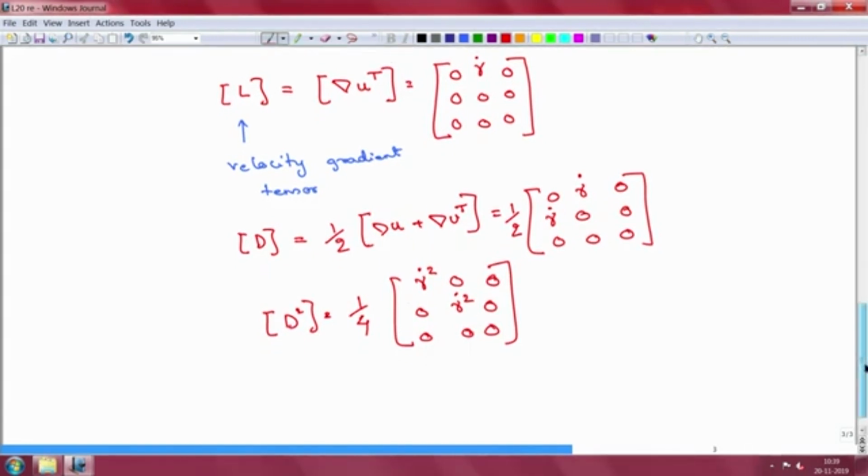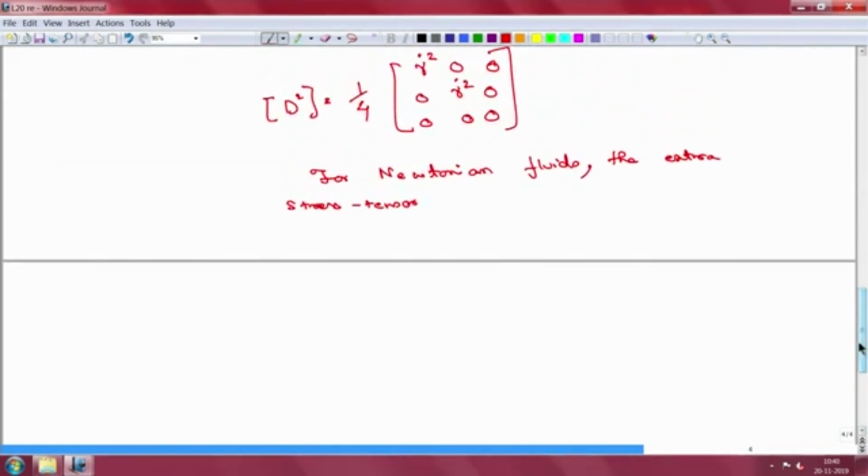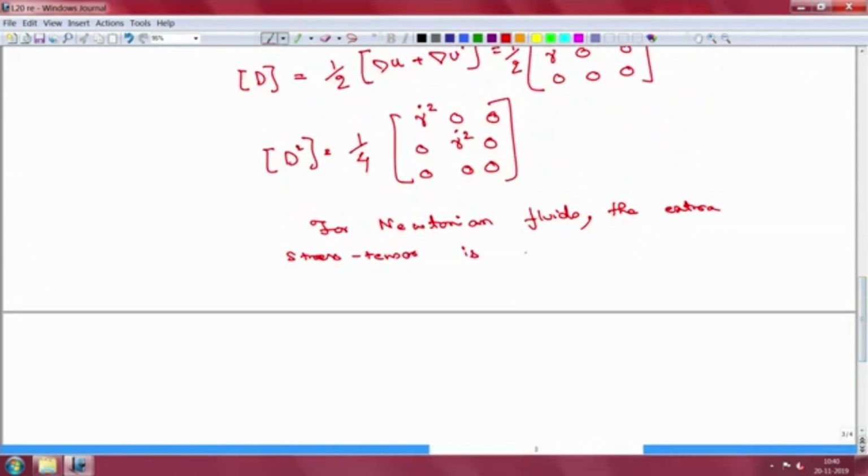But the important point I want to make is, we saw that for the Newtonian case, the extra stress tensor for Newtonian fluids is given by 2 eta times d.